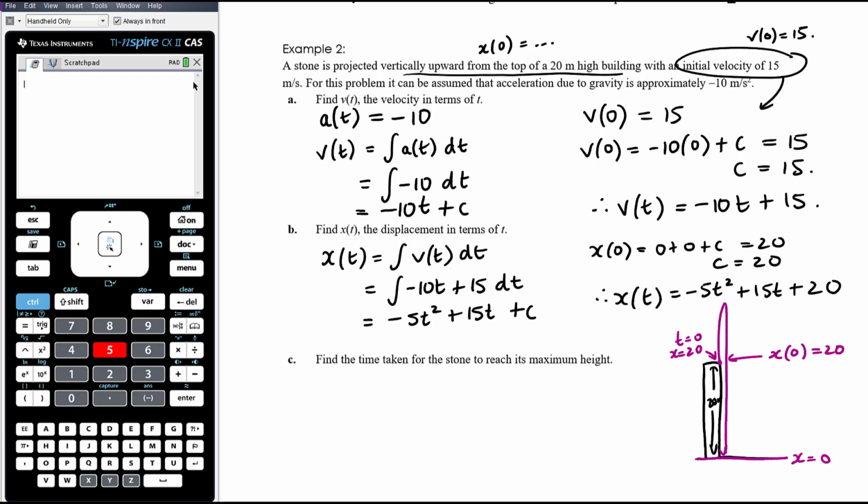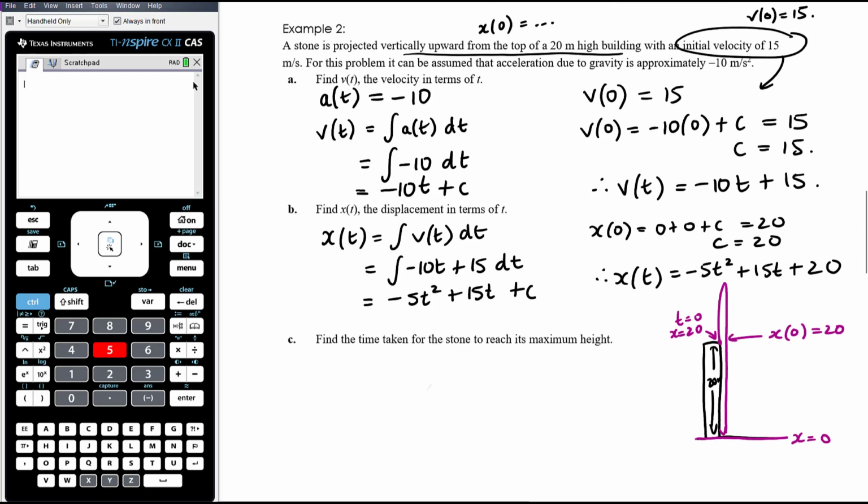Now, if you're given information about the initial displacement or velocity, then that thing will automatically be the c value, but I want you to be explicit about how you're finding that c equals 20. I'm using the fact that when t is 0, x is 20, and that makes c 20, and so therefore I can get my function. So don't ignore that key process step.